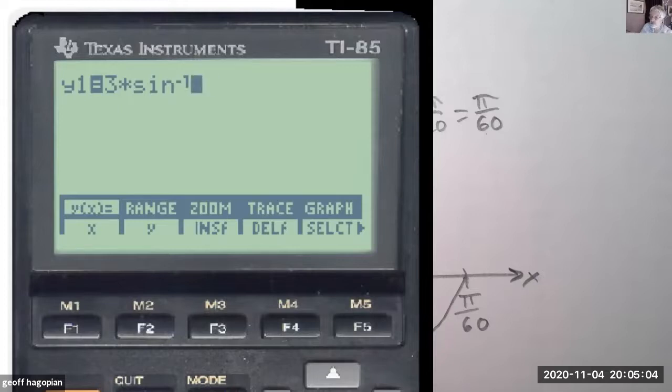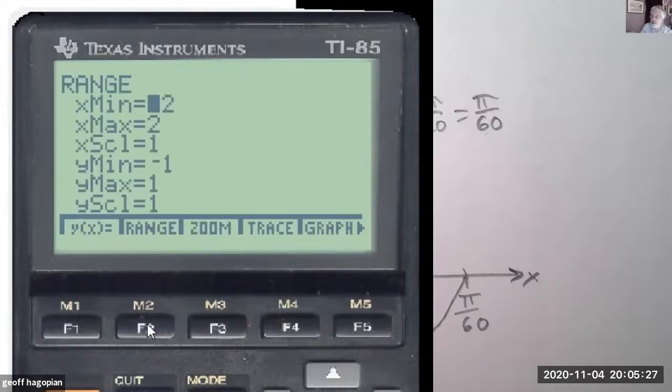Oh, that doesn't work so well. Let's clear that and just do it again, right? So 3 times the sine in parentheses 120 times x. And if I hit the range button here, you can see I'm going from -2 to 2.